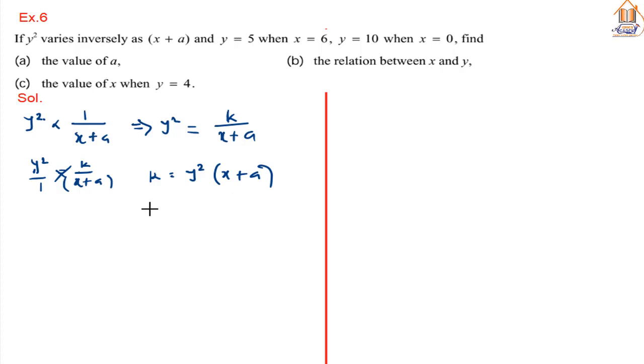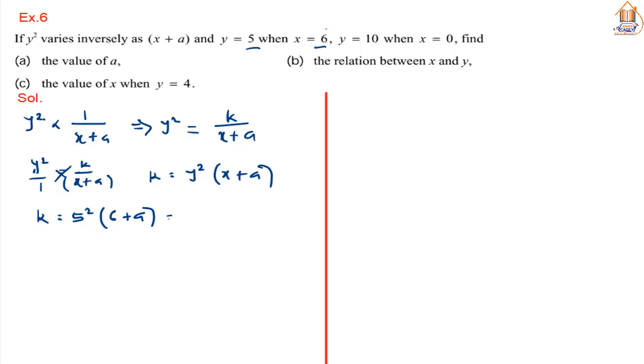Now from the question we have that y is equal to 5 when x is equal to 6. So we have k is equal to 5 square open bracket 6 plus a close bracket. 5 square is going to give us 25.